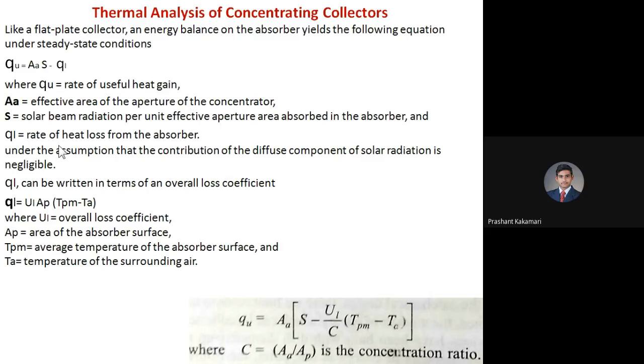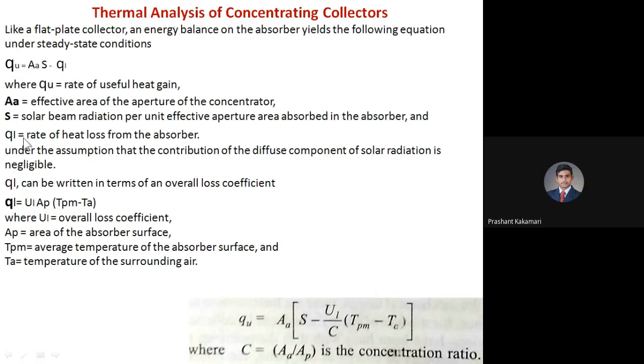Here all of you know what is denoted by S, what is EA, what is QU, what is QL, or you can recall once again. QU is the useful heat gain, EA is the effective area of the aperture of the concentrator, S is the solar beam radiation per unit effective aperture area, the total beam radiations received on the collector or the absorber.